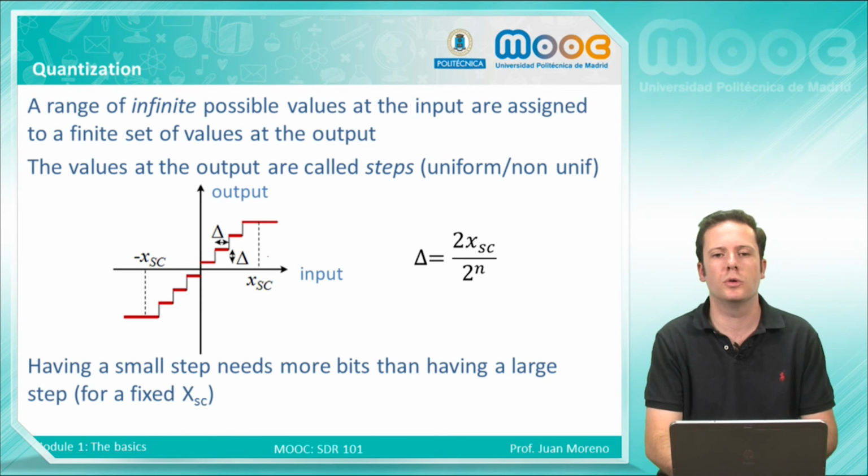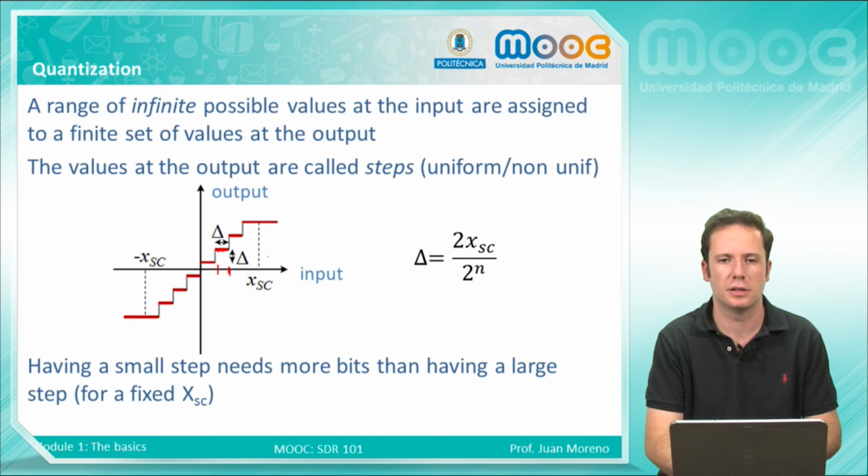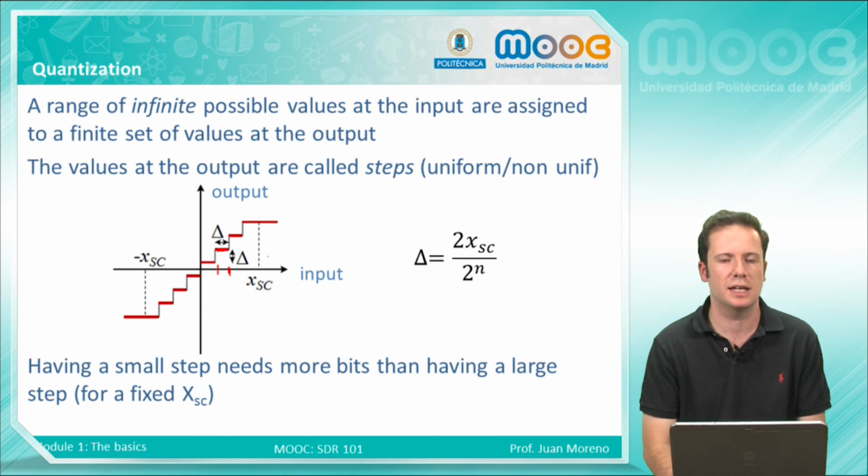So we will work with something very similar to a ladder. Every signal that comes from here, its input comes from here to here, will be assigned to this step here. So it will be quantized. A range of infinite possible values at the input are assigned to a finite set of values at the output.